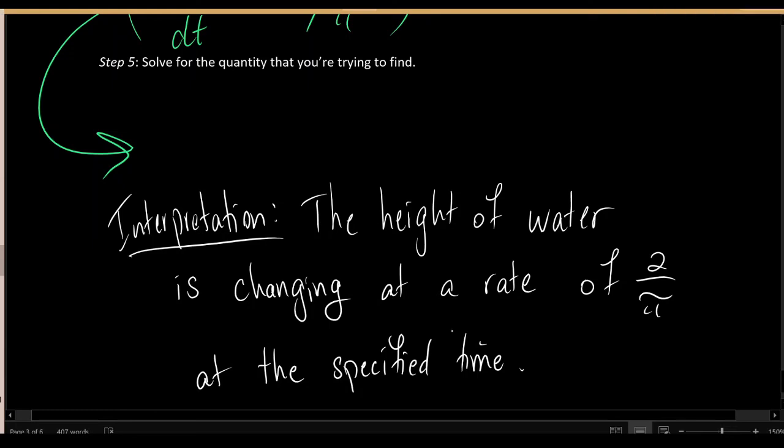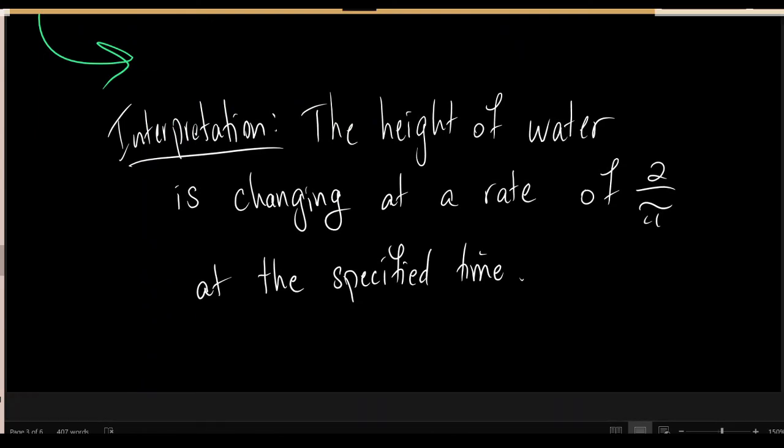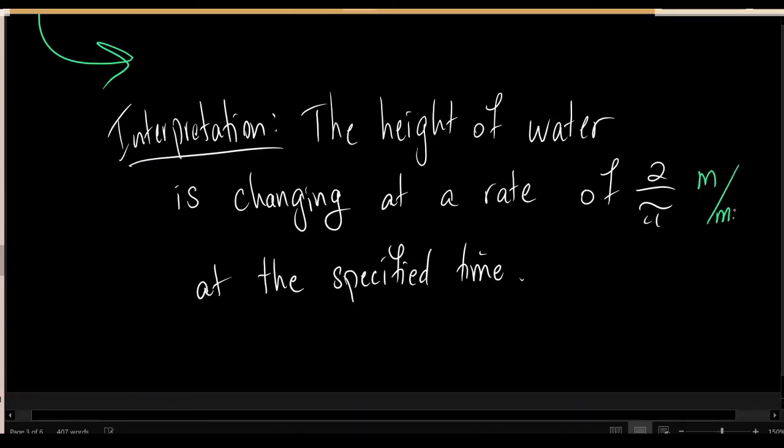Now, if you wanted or needed to add units to this answer, it looks like the units of height are given in metric in terms of meters, and I see a time unit here. It looks like time is given in terms of minutes. Meters over minutes. The rate of change.